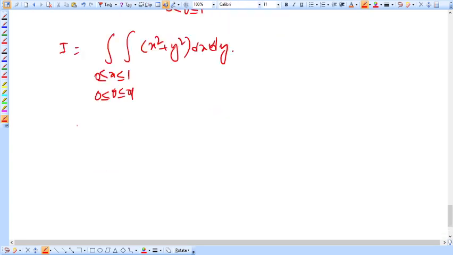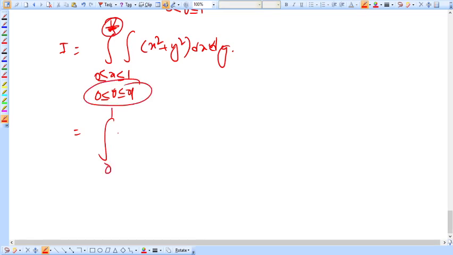So it could be written, because you see y is outside, so here we are going to write the limit of y, because y is outside, extremely on the left side. So the limit of y is from 0 to 1.